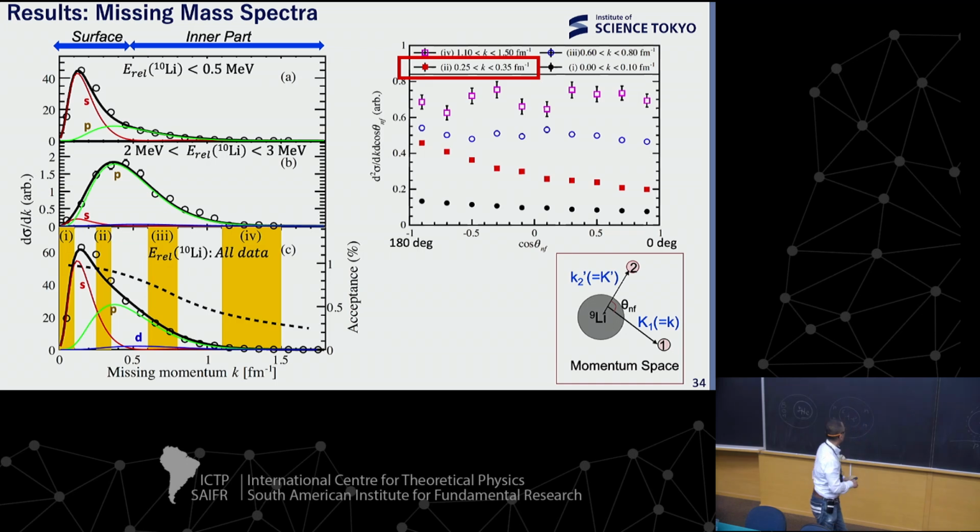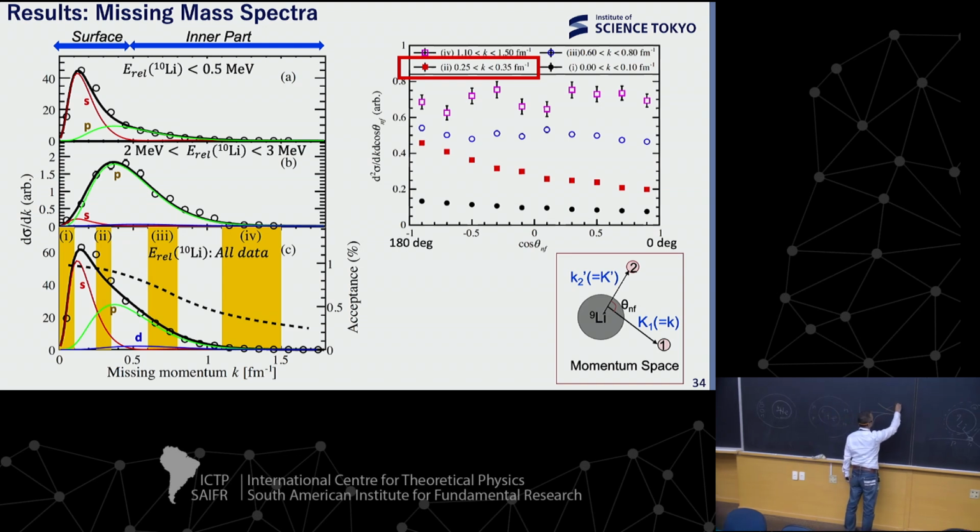The main difference is that, as I showed, a halo has a tail, like this, right? If you have a tail like this, then we may call it a halo.